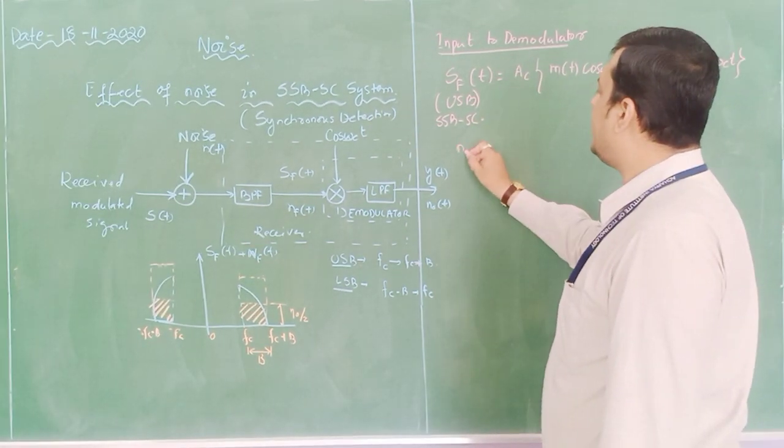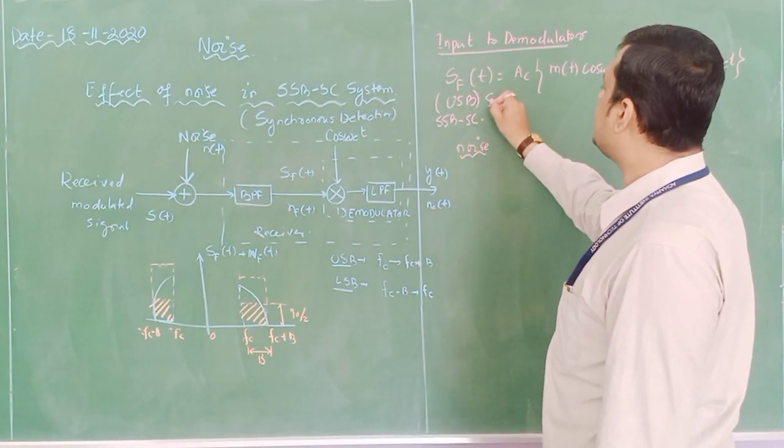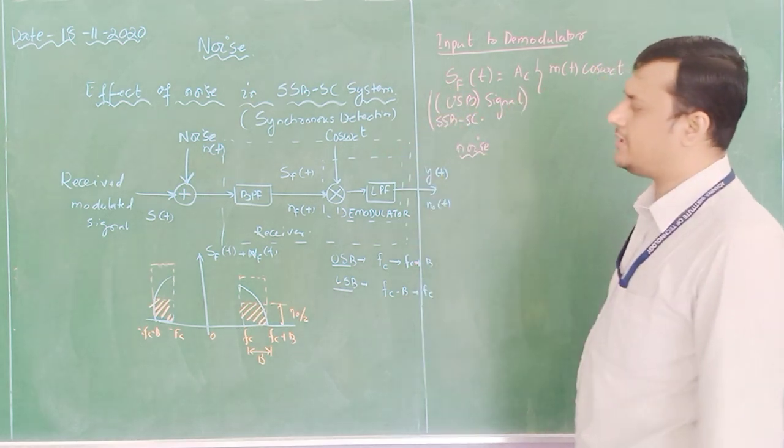Next, input noise power. Here the input signal to the demodulator is SF of t.